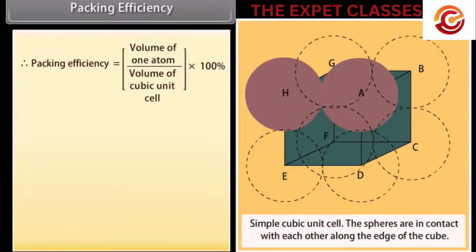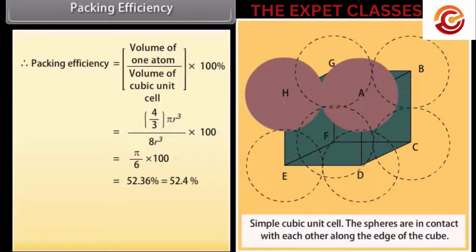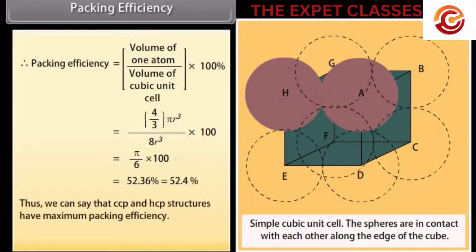Therefore, packing efficiency is equal to volume of one atom upon volume of cubic unit cell into 100%, which is equal to 4/3 pi r cube upon 8r cube into 100, which is equal to pi/6 into 100, which equals 52.36%, which is equal to 52.4%. Thus, we can say that CCP and HCP structures have maximum packing efficiency.